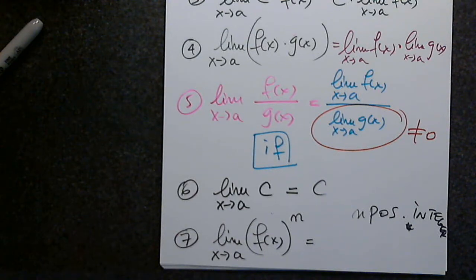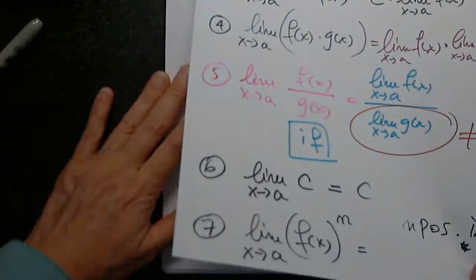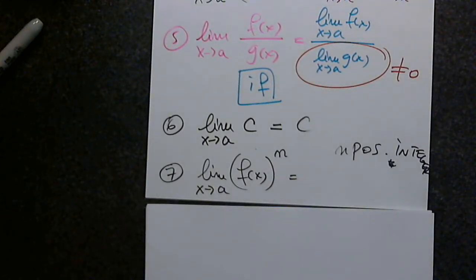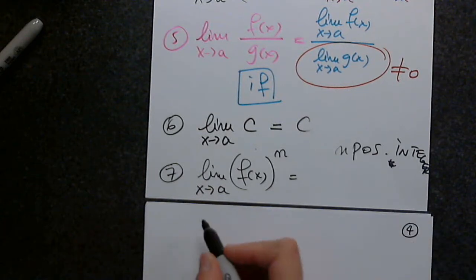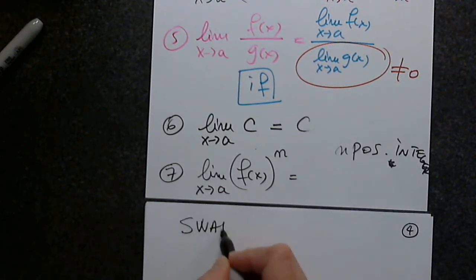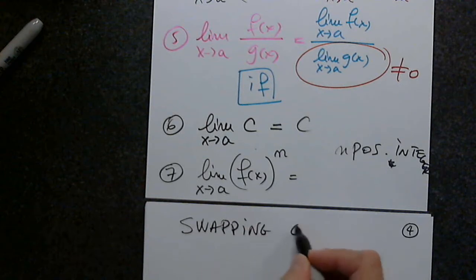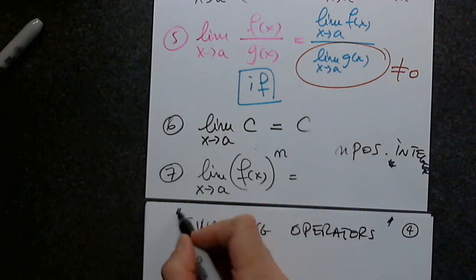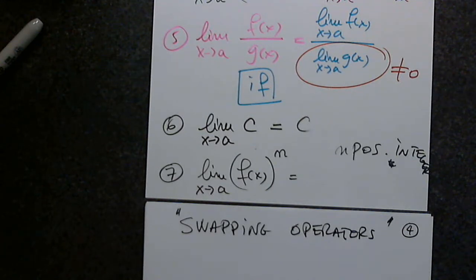It's limited to certain situations. I'm going to talk about it when we get to continuity. But in short, I'm going to say swapping operators, just for us to remember it easier.